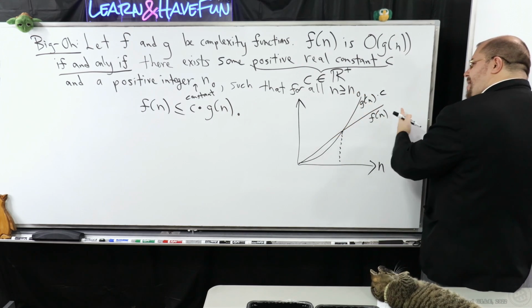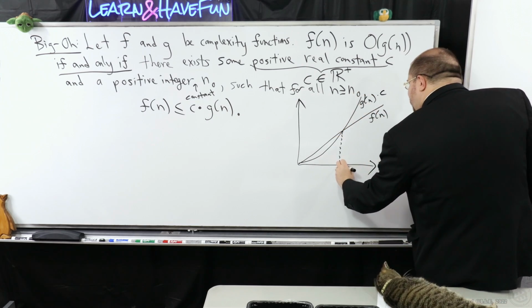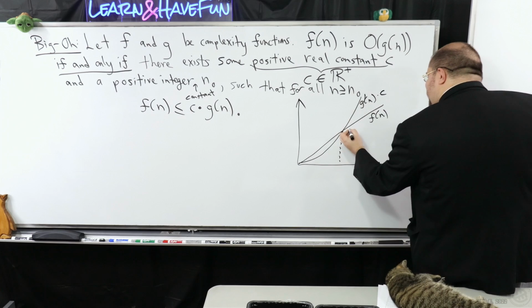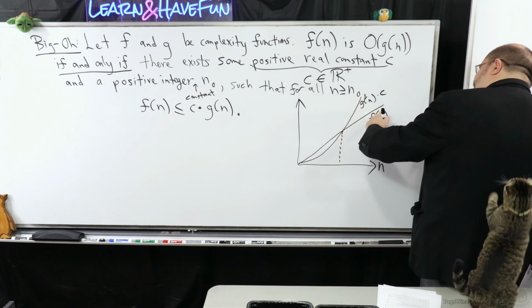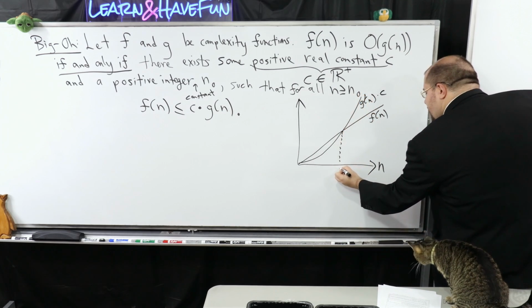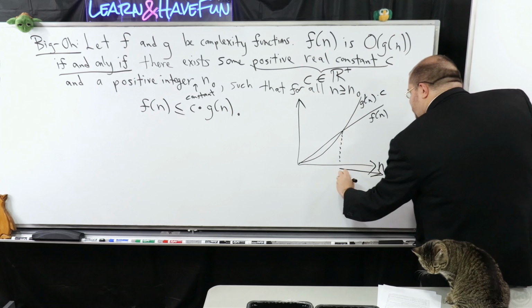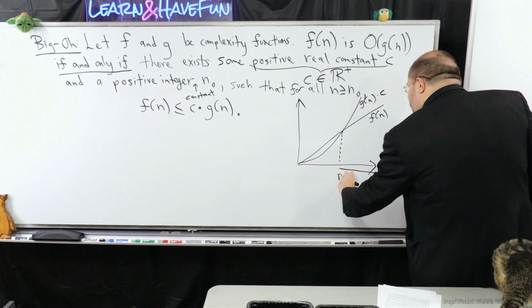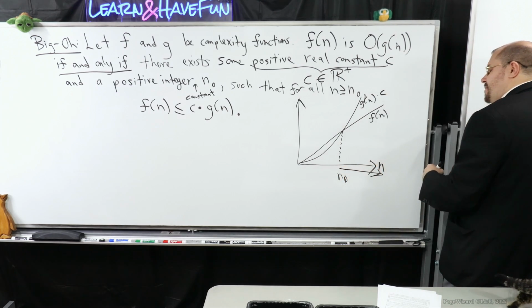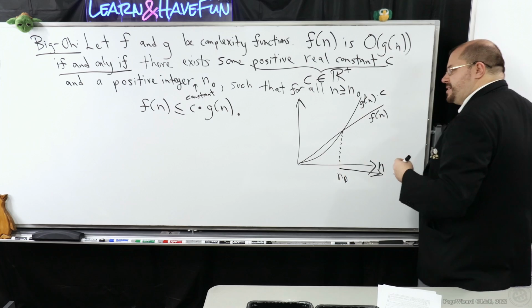So it's going to dominate f eventually. So for all points after this, because this function will dominate f with this constant multiple, for all values after this. So this is for n0 and later. So keep in mind, n0 could be anywhere along this axis here.